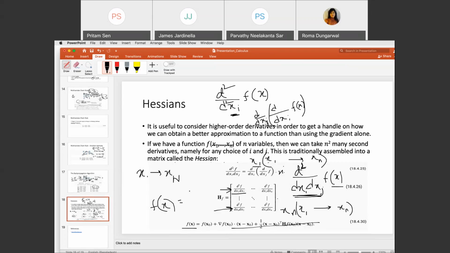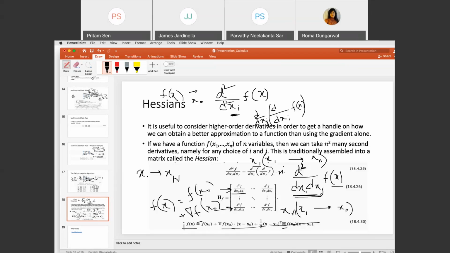If we know the initial value at some point, we can get the gradient at that point, and we also calculate the Hessian matrix. So from these values, that means we know the value of function x at some point, and from these values we can actually calculate the function.